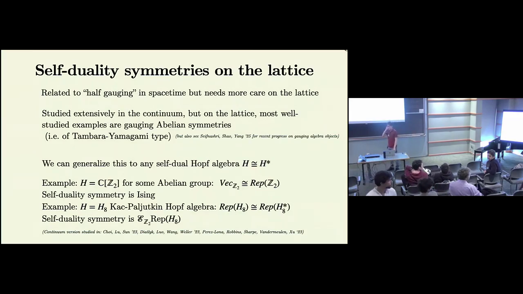Can I ask a related question? In the continuum, in general, when you do the Z2 extension of Rep H, there are multiple options. Do you know which Z2 extension you get specifically? This one is the fully gauging one. For Rep H8, there are different Z2 extensions, depending on the bicharacter and the Frobenius-Schur indicator.